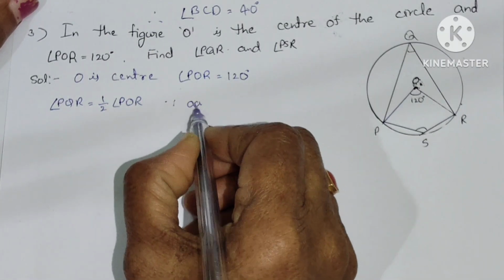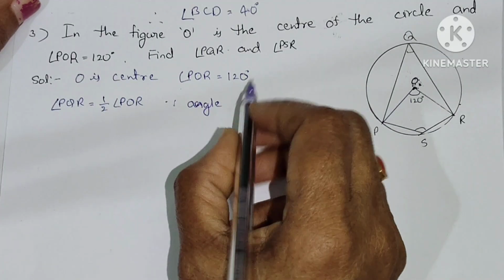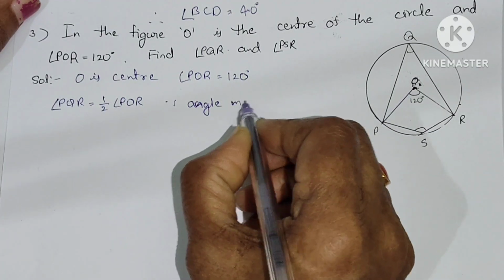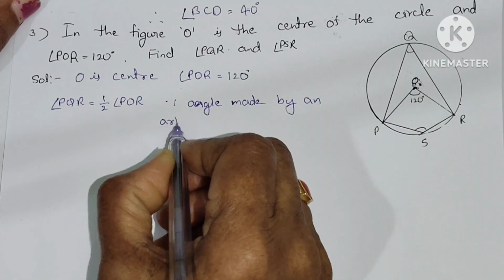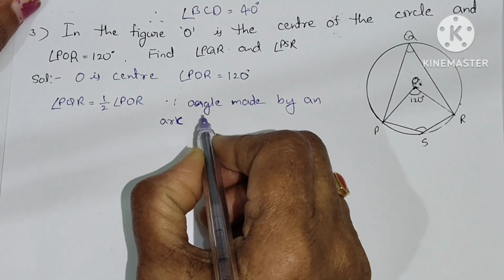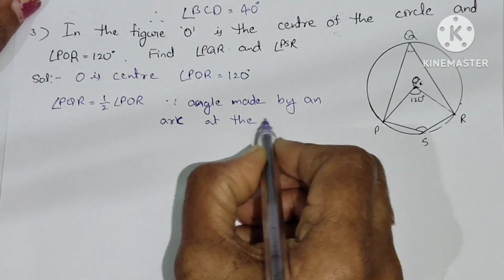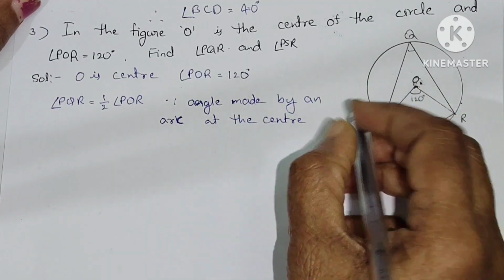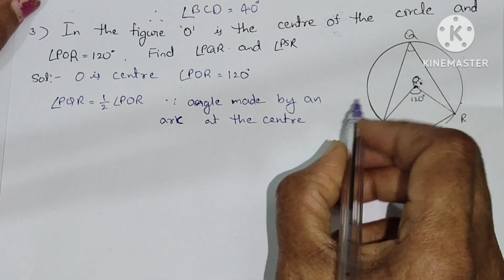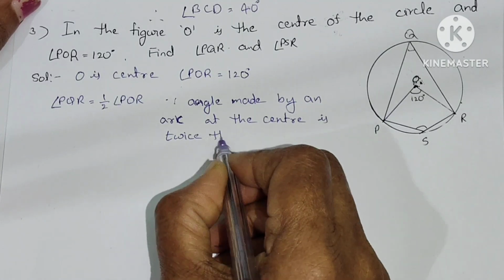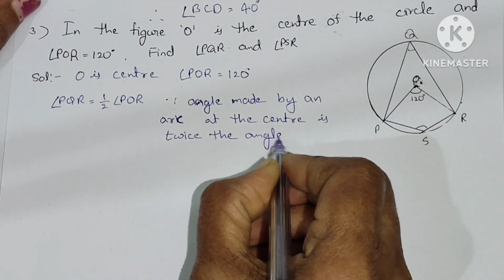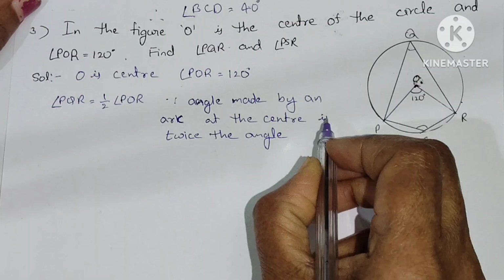The angle made by an arc at the center is twice the angle made by it on the remaining part.